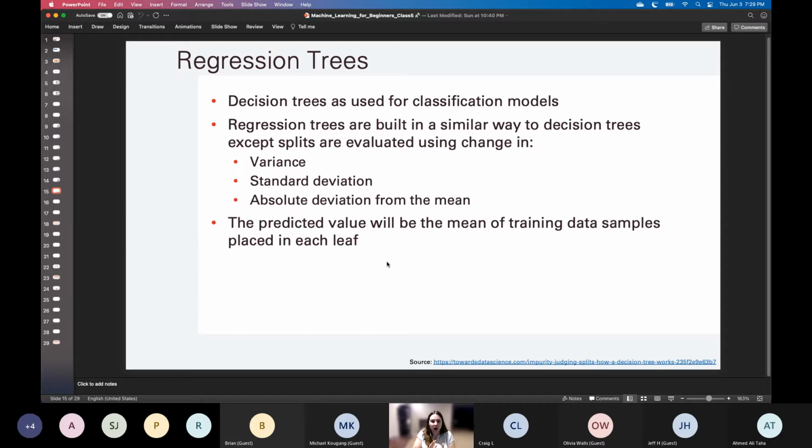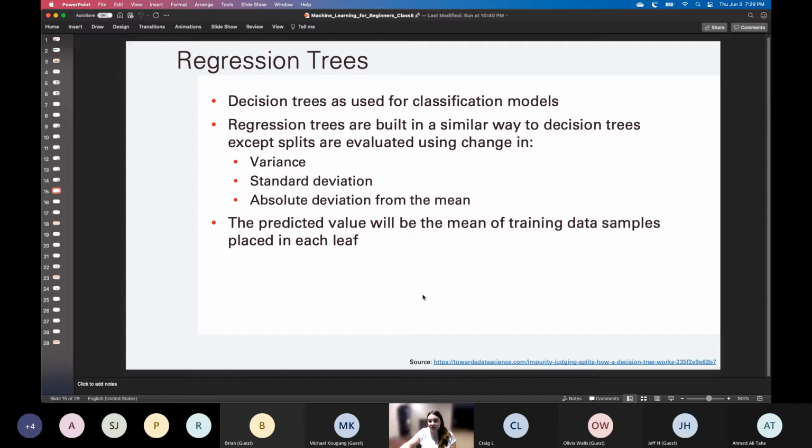So that's how a regression tree would be different from a classification tree. There are actually two options. You can do everything the same as a decision tree, except the split differences are different because you're looking at variance, standard deviation, or absolute deviation from the mean.